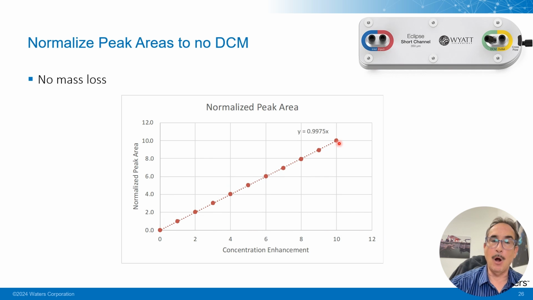Namely, we really are just pulling off solvent in the DCM port and losing no mass through this port. Okay, so it really works, and it means we can meaningfully get 5x, 10x improvement in the sample with minimal loss of resolution.